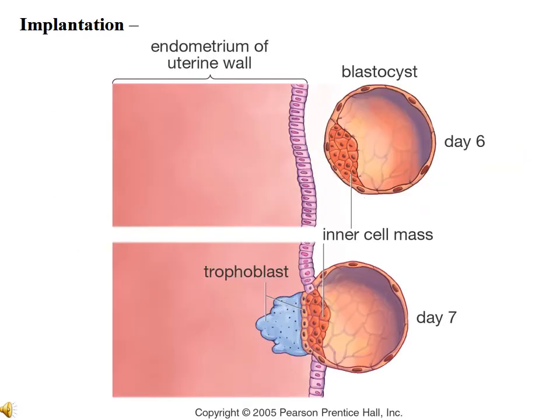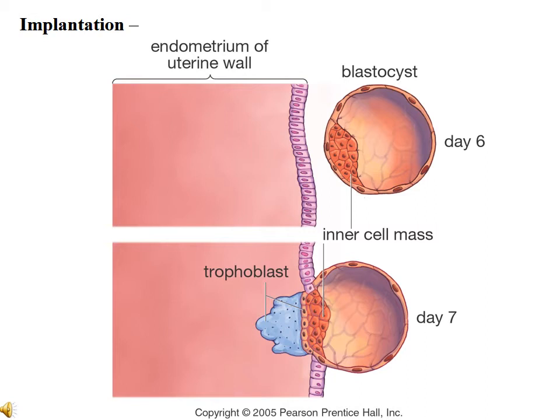Here we're looking at implantation. Implantation takes place about 6 days in humans. As you can see, at day 6, the blastocyst is formed, and this is basically a package of stem cells. But if you look carefully, we can already see gastrulation starting by the formation of the inner cell mass.